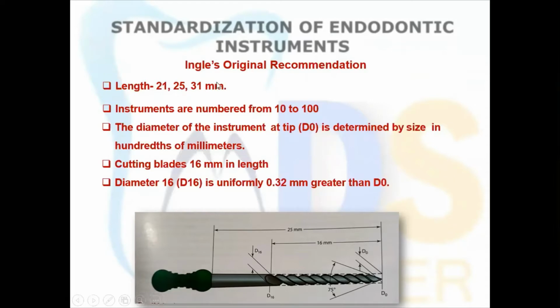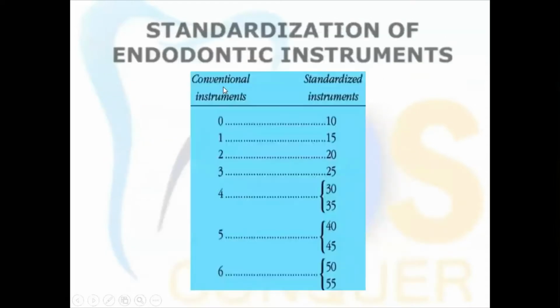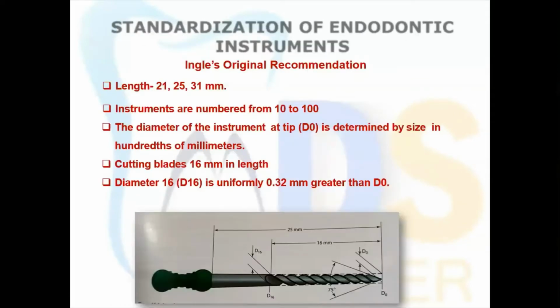And the 31 mm or the long files are used for cuspids or for long teeth, where 25 mm files cannot reach the apical foramen.